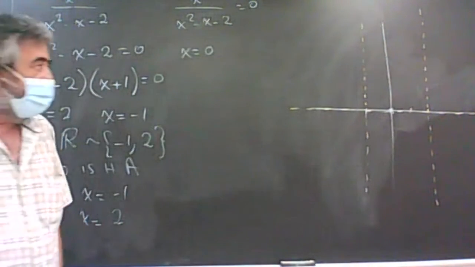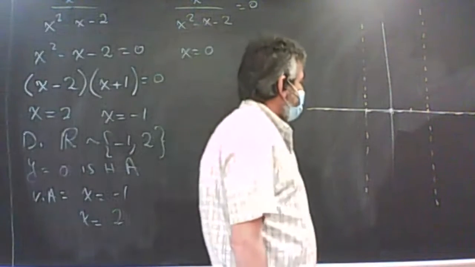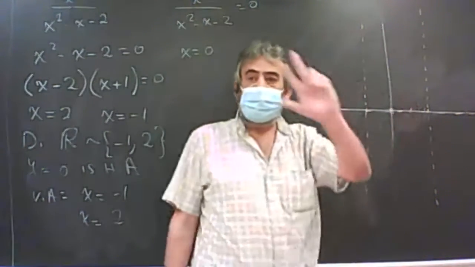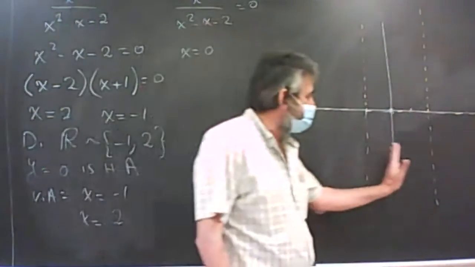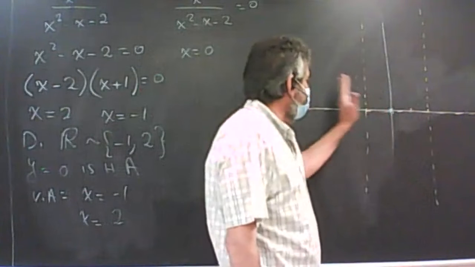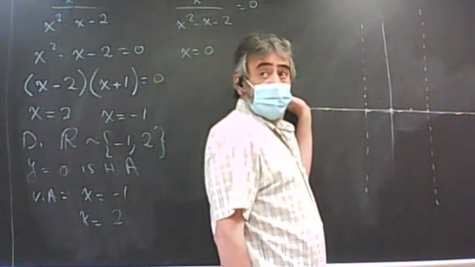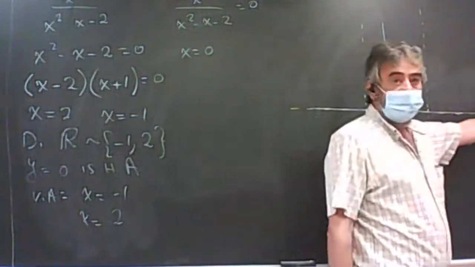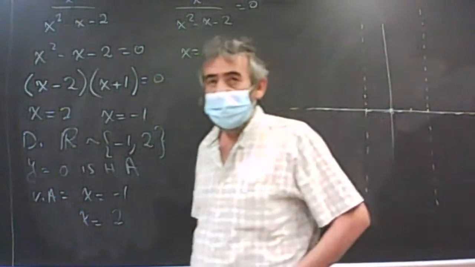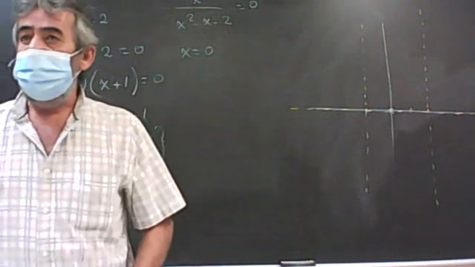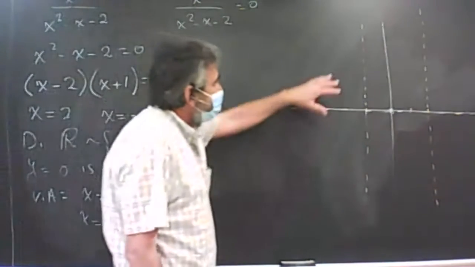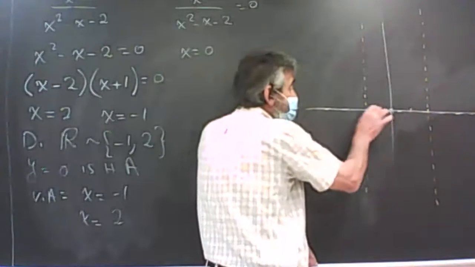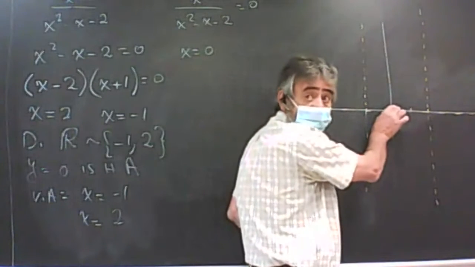Okay. Now, we can see that the graph is divided into 3 portions because we have 2 asymptotes. Yeah? One portion on this side, one portion between, and one portion on that side. So now we need to check how the graph is going to be in each portion. We know the graph crosses the horizontal asymptote over here, yeah?